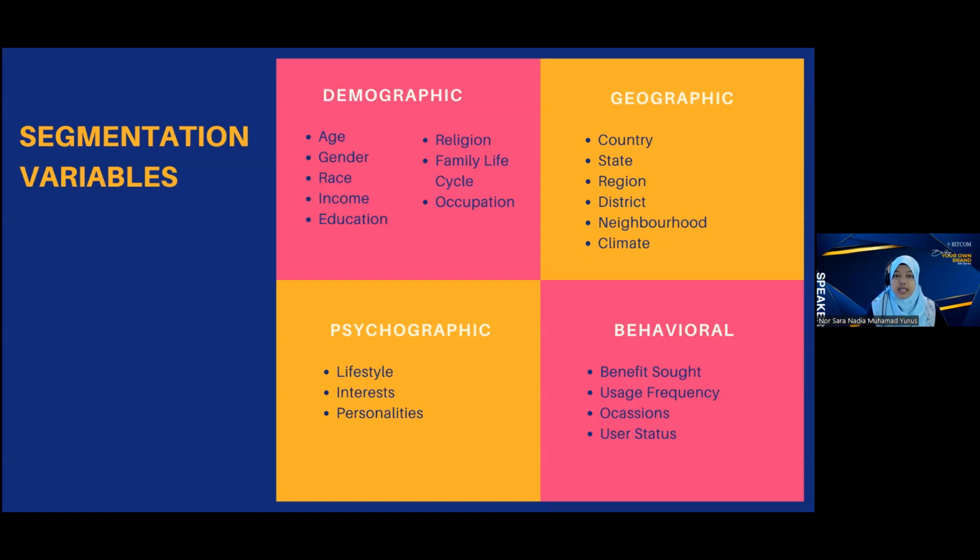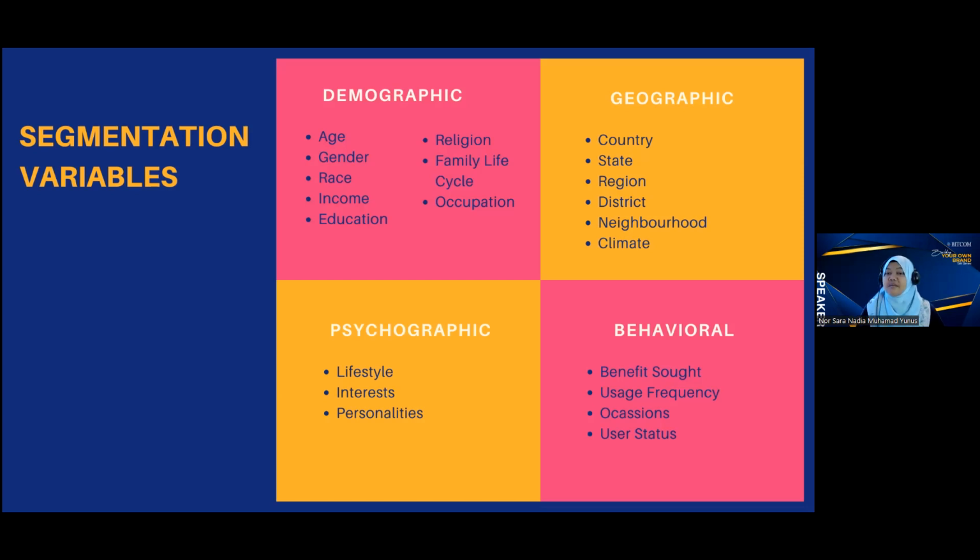In demographic segmentation we can also use income level as outlined by the government. We can use the concept of B40, M40, and T20. That's one of the best ways to utilize the income variable in demography. We can also use education background, religion, and family life cycle: single, young couple, young family, senior citizen.